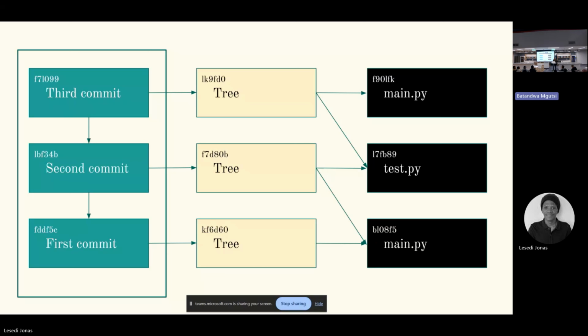A hash is a string of random letters and numbers that describes the object. If we have key value pairs, our hash is the key and our object is the value. In other words, that is how we are able to grab an object or to reference an object, right?